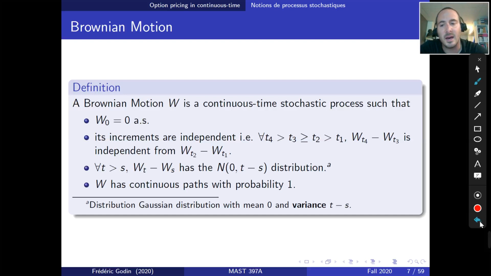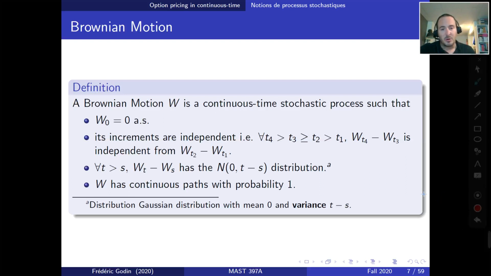So the idea about this second point is we want to say that the return on a given day or a given period of the stock will be independent from the return on some other period. To be able to say that, we invoke this property of Brownian motion, which is independent increments. Third property of the Brownian motion is that its increments are normally distributed.